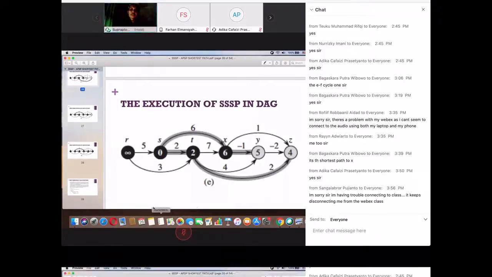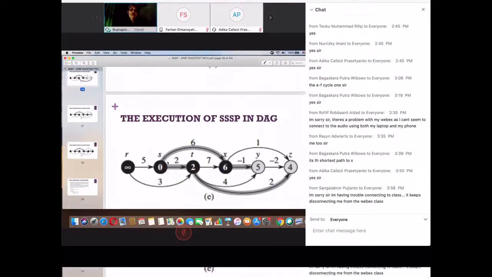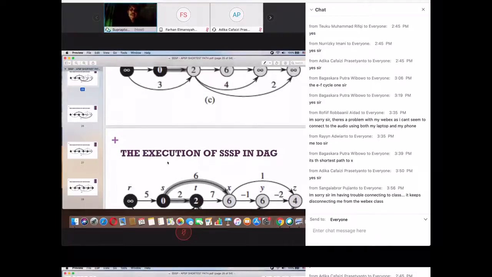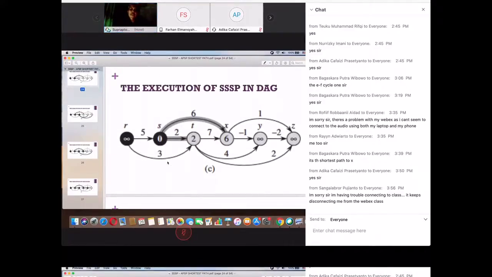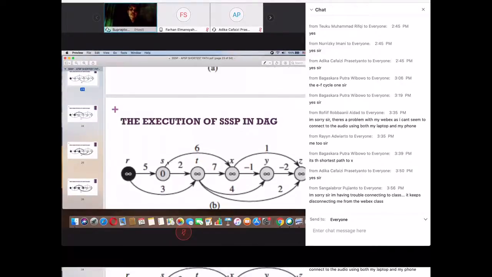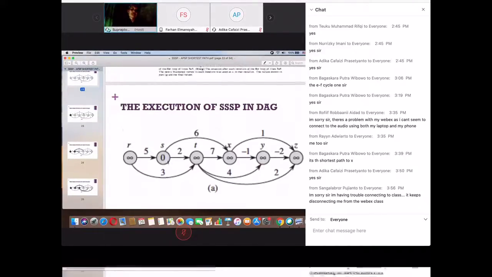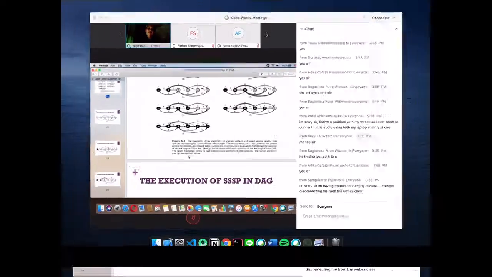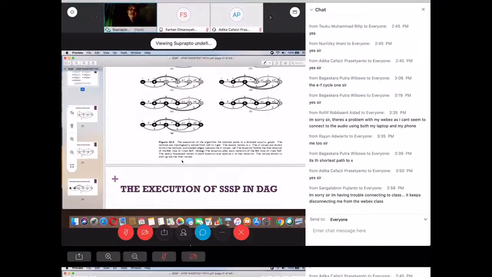The B-tree, and then the Fibonacci heap, disjoint set data structure, DFS, and finally the single source shortest path problem. Is it clear for everyone? Yes.